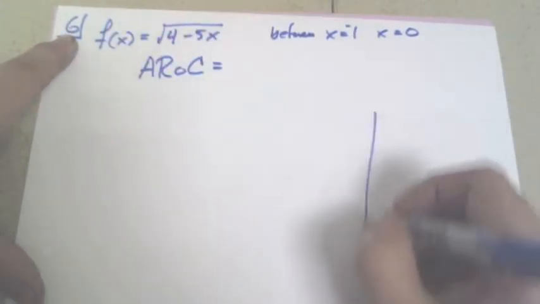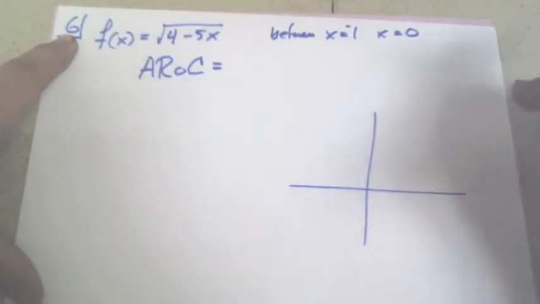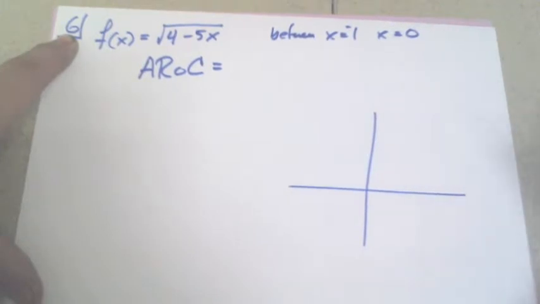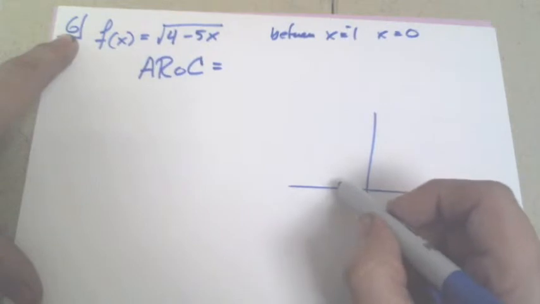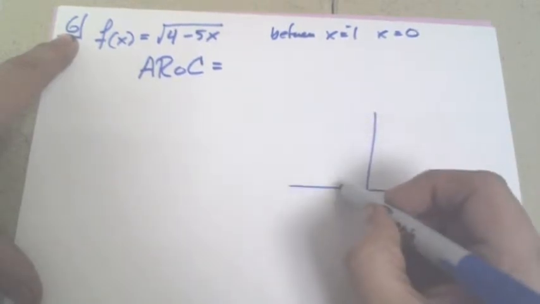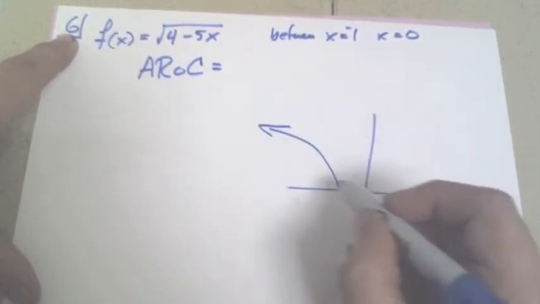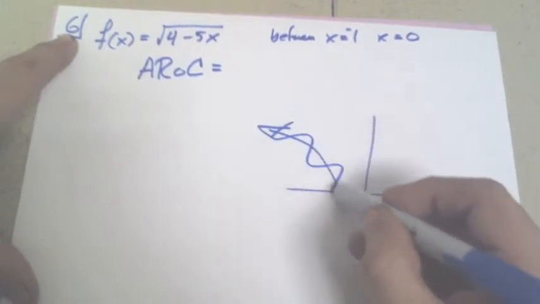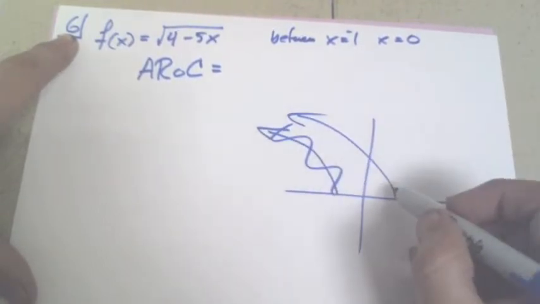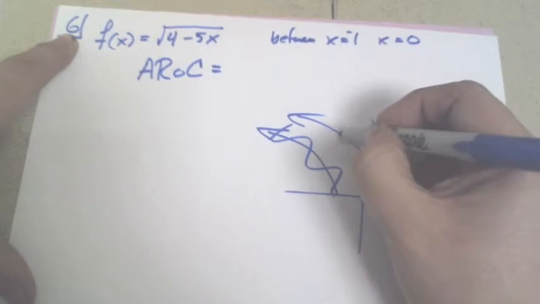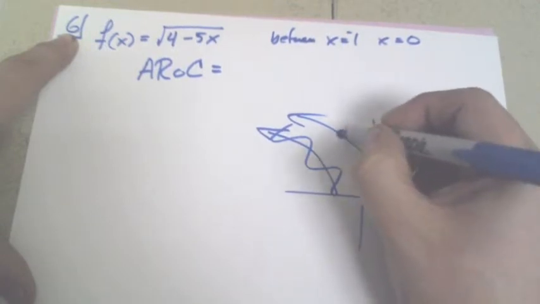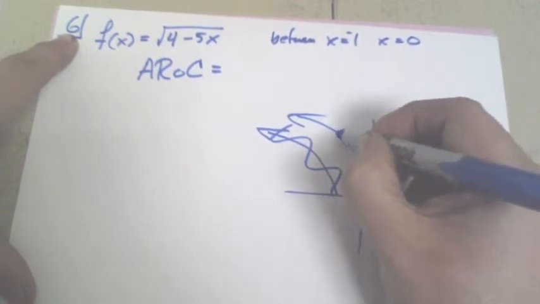This graph, I'm going to draw it roughly. You guys kind of know where it is because you've had section 3.5. Anyway, wherever this graph is, between -1 and 0, this graph curves.